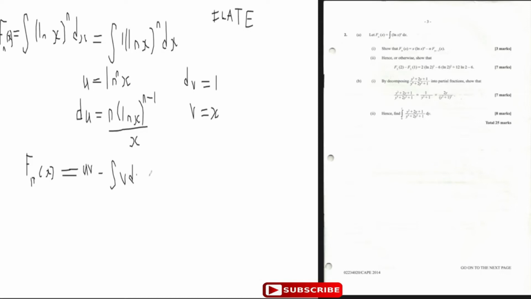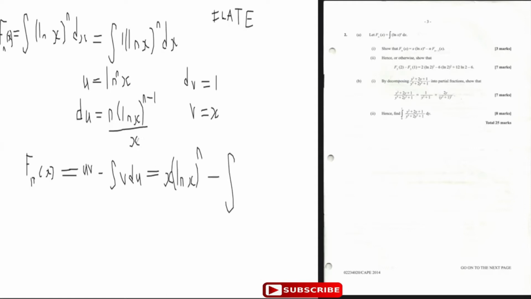So it's going to be equal to u times v, that's going to be x ln x raised to the n minus the integral of v du.